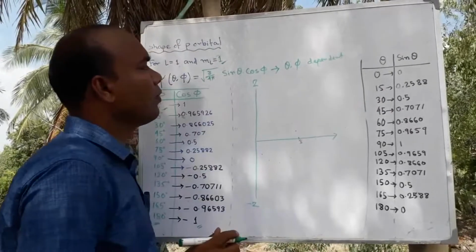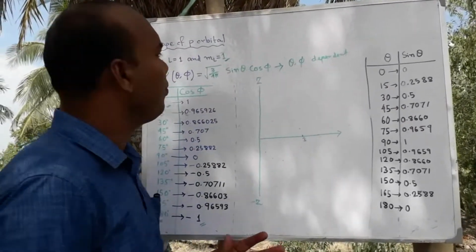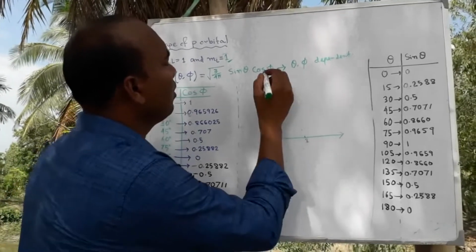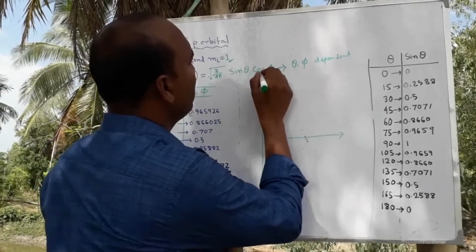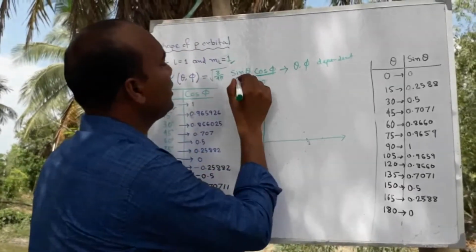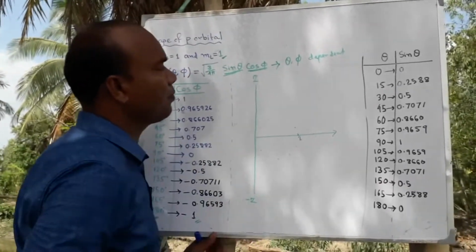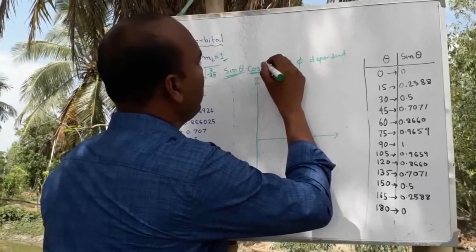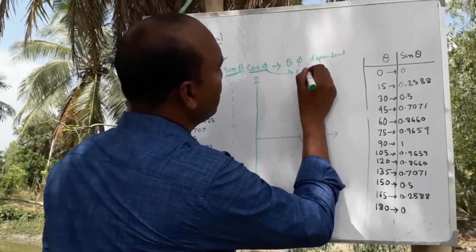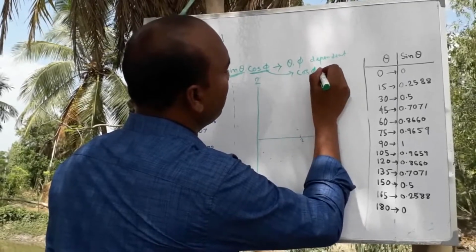Now, if you want to visualize the shape of this orbital, first you consider this portion. First you only consider this portion and consider cos phi equal to 1.